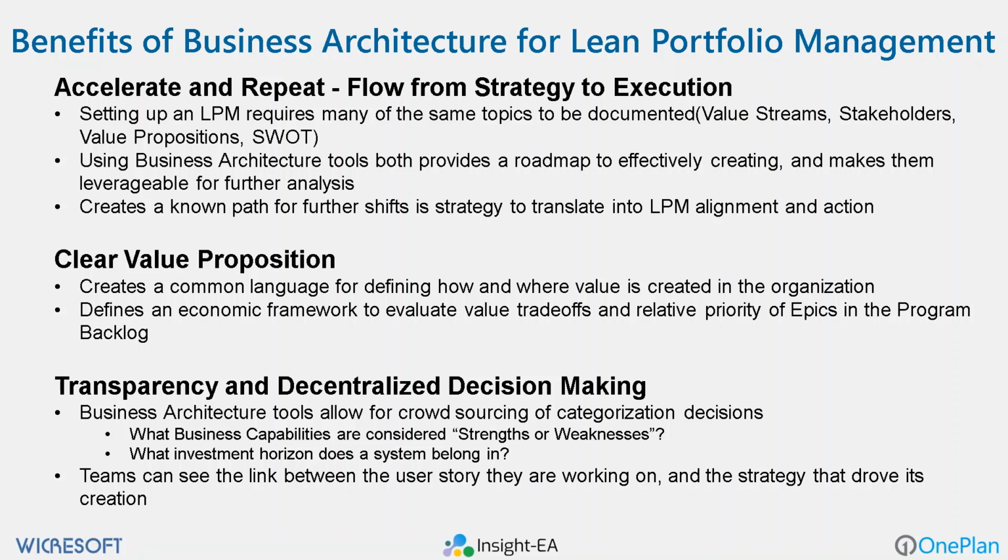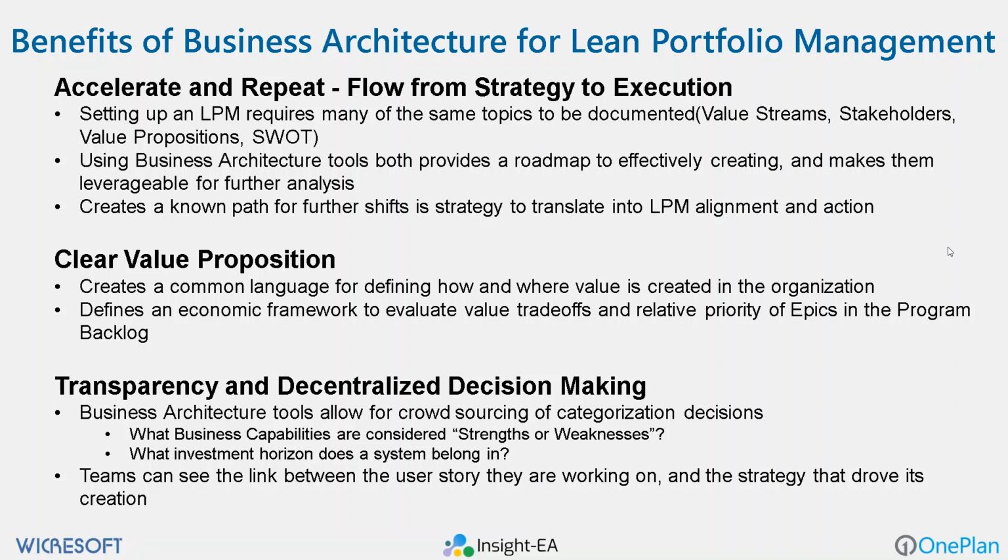That brings a lot more alignment and transparency and clarity into execution. So the benefits really flow not only from doing these disciplines, but making sure that you really are agile in the way that you do them.